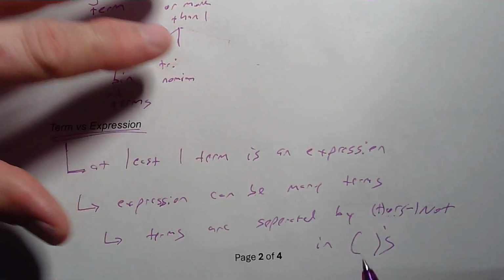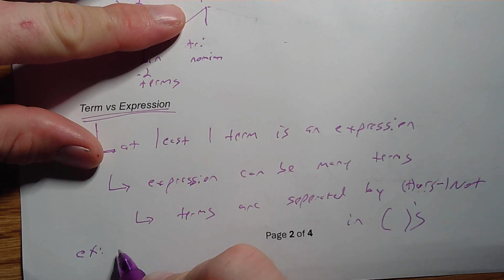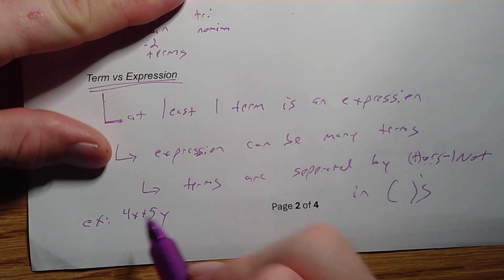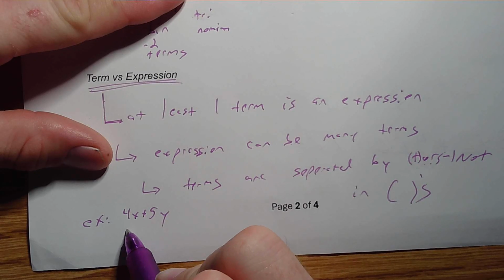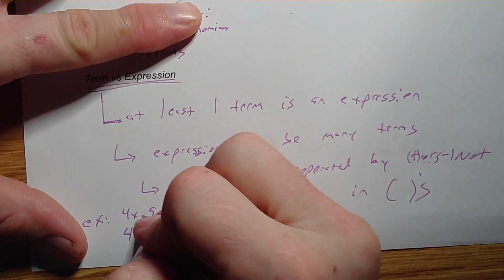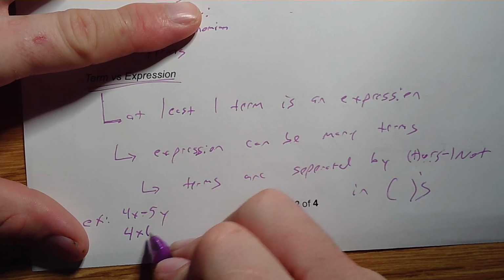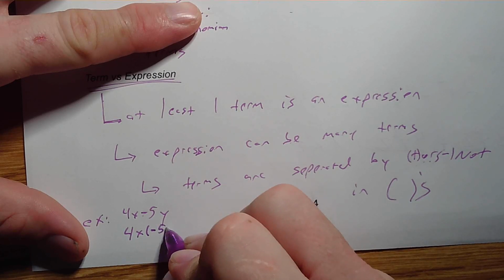So here's an example. Like 4x plus 5y, that's two terms. Not to be confused with 4x minus 5y. Let's do that, that'd be better. 4x minus 5y. Not to be confused with 4x times the quantity of negative 5y.